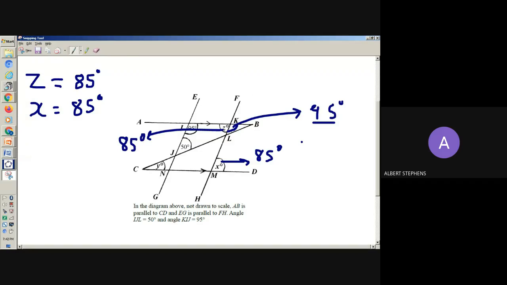All right. How are you going to find Y now? Just take your time and look at the diagram. Notice that Y is inside of a triangle, not true?